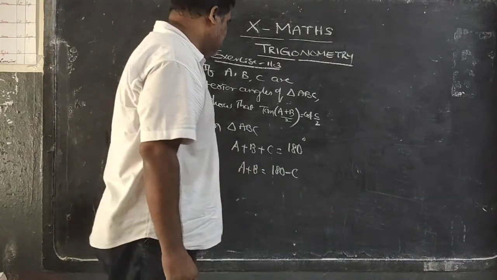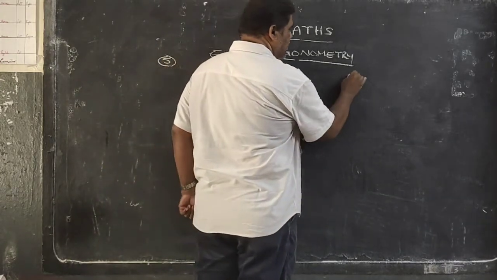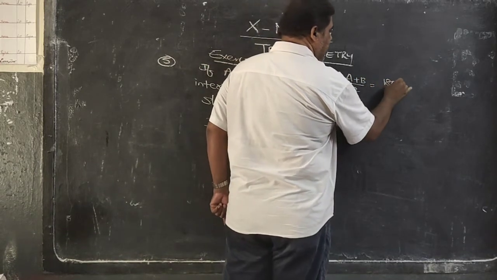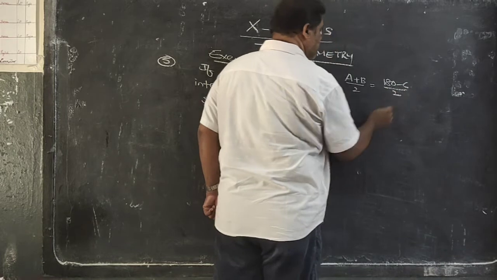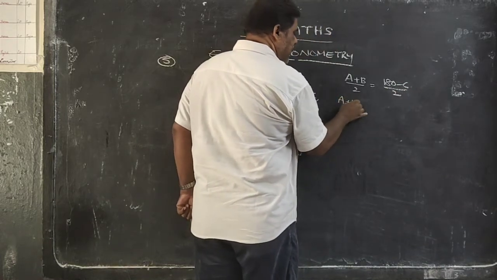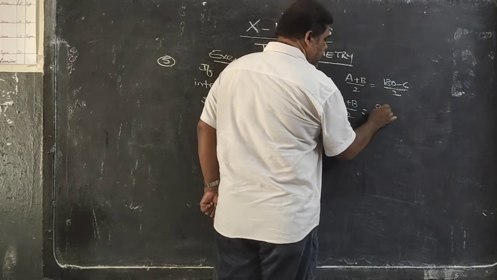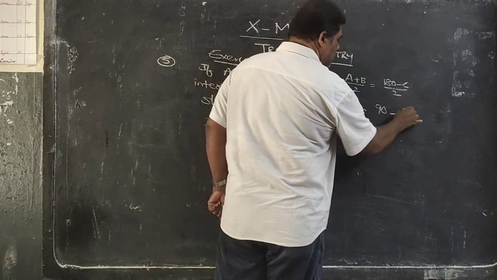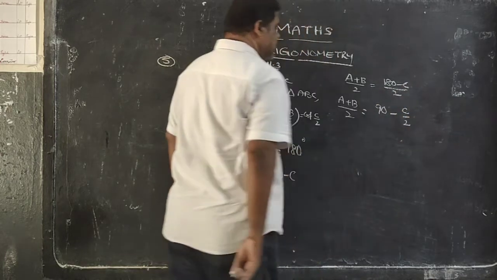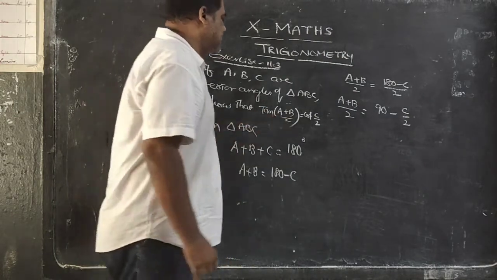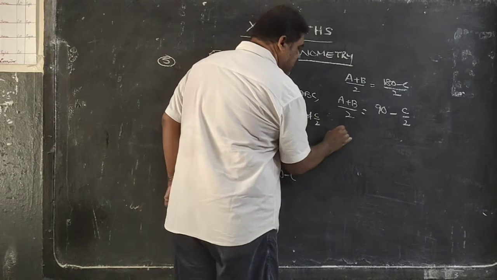Now dividing on both sides by 2, (A plus B) by 2 is equal to (180 minus C) by 2. So (A plus B) by 2 is equal to 180 by 2, which is 90, minus C by 2. So it is 90 minus C by 2. Now in the answer tan is there, so let us apply tan on both sides.